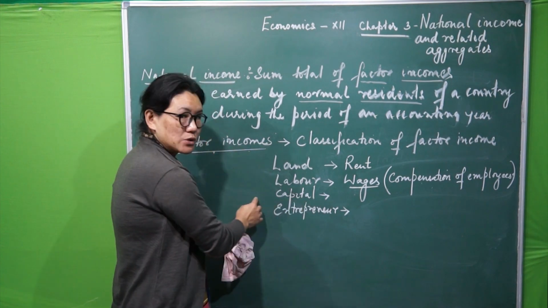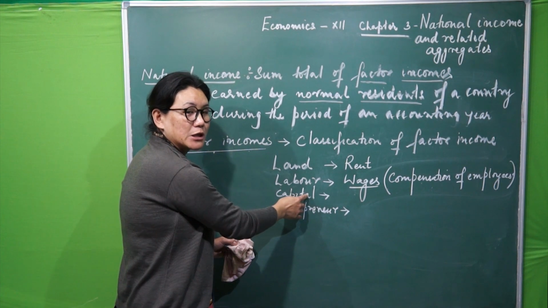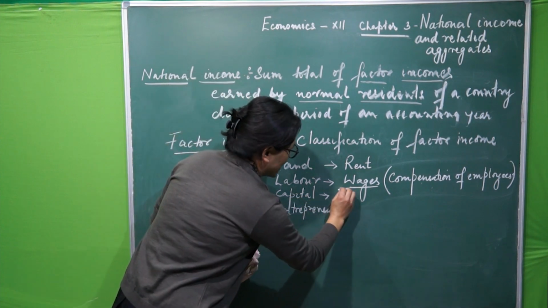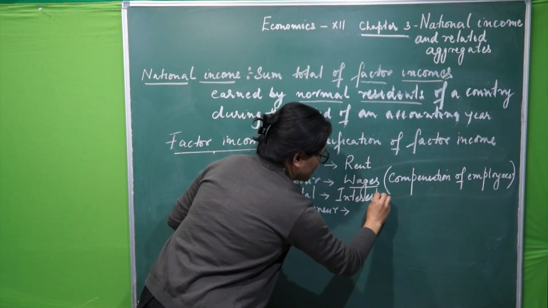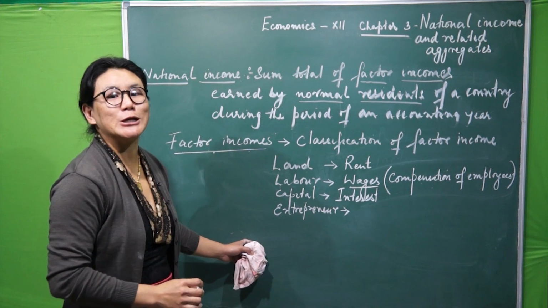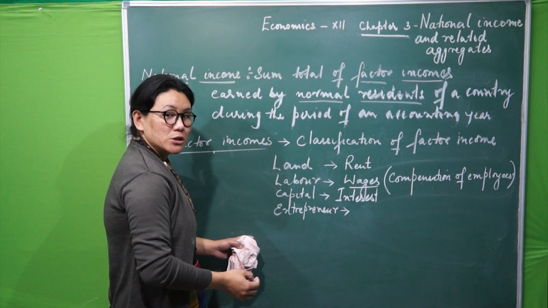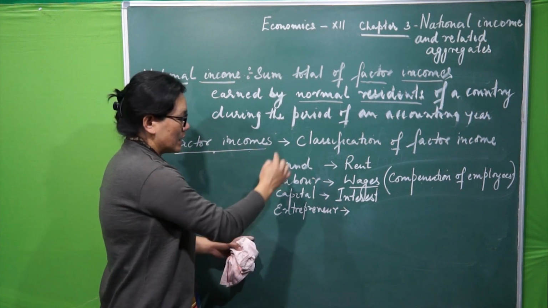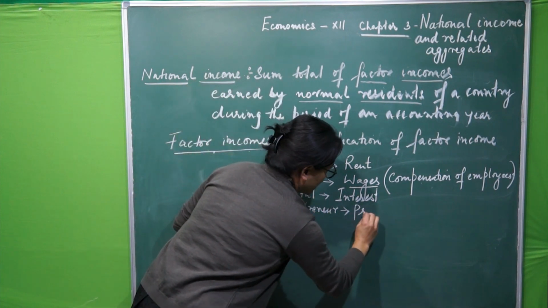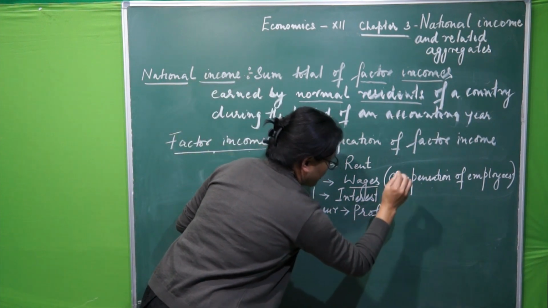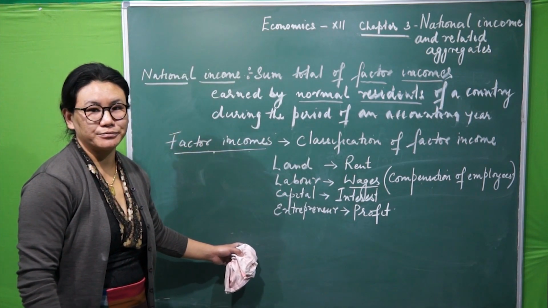So for making use of labor, the producer is paying wages. For capital, which is used by the producer in the process of production, the income they pay is in the form of interest. And the producer is also using the household's entrepreneurial skills, and for that, they pay income in the form of profit.